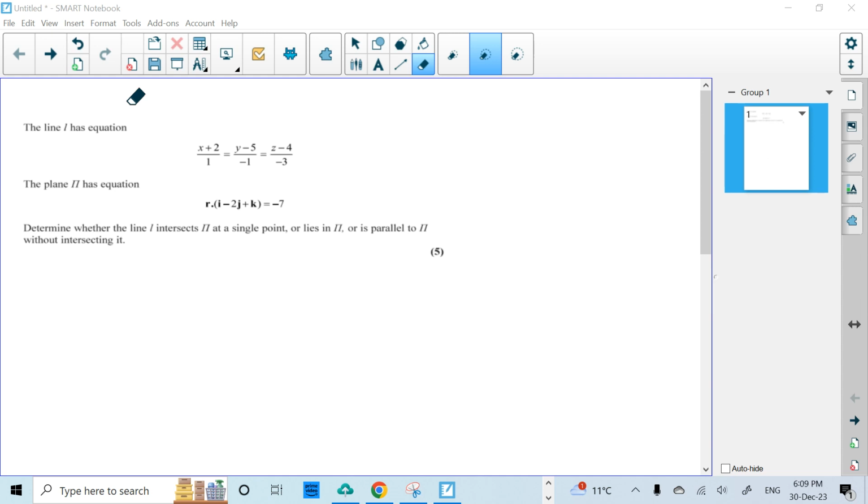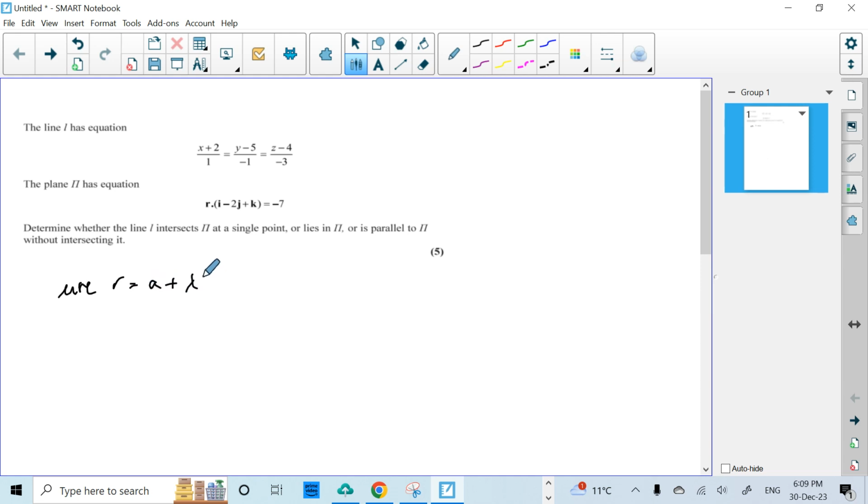Well, the first thing that we need to do is to get this Cartesian equation into vector form. So we're going to use, of course, r is equal to a plus lambda b, and using that we're going to have our line L in x, y, and z vector form. I always say that the numerators equate to 0.